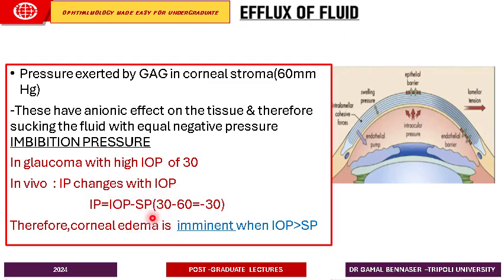When the IOP is, for example, 30, we subtract the 30 from the 60, it will be minus 30. Before it was minus 40. So when the negativity decreases, it indicates that the imbibition pressure has decreased, so that there will be corneal edema. So this is another factor that plays a role in determining the hydration and the deturgescence of the corneal tissues.